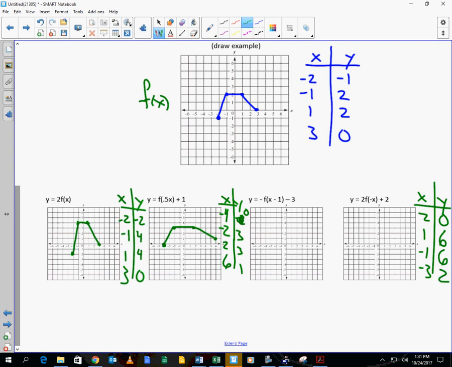We can graph these. So does that look like a horizontal reflection? Yeah. Does it look like it's been stretched and shifted?